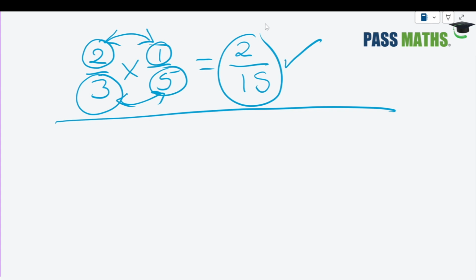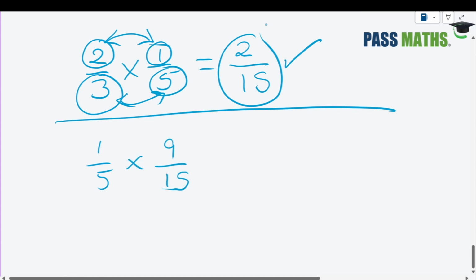Let's do an example. Let's say 1/5 times 9/15. Again, numerator times numerator, which is 9 times 1 is 9. Denominator times denominator, which is 15 times 5, which is 75. Now let's see if you can simplify it.